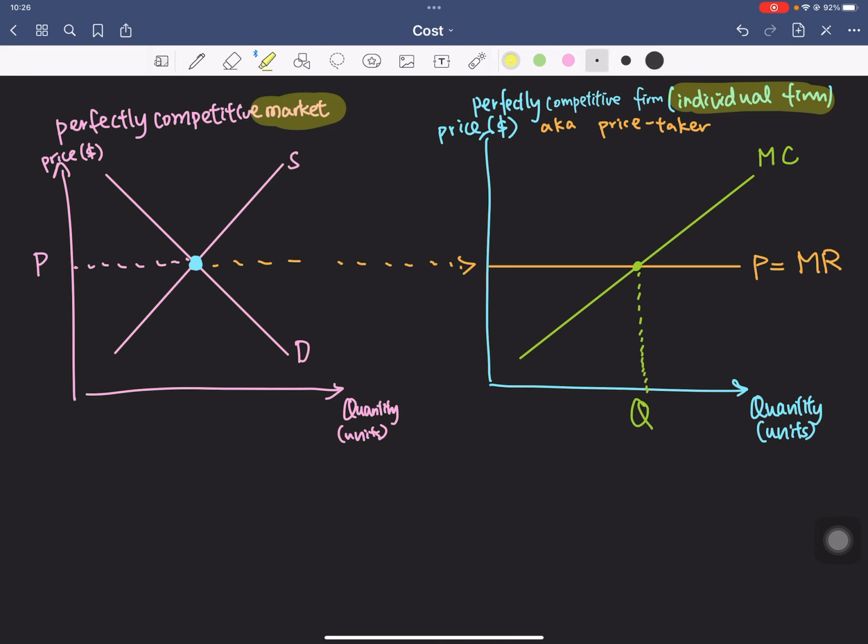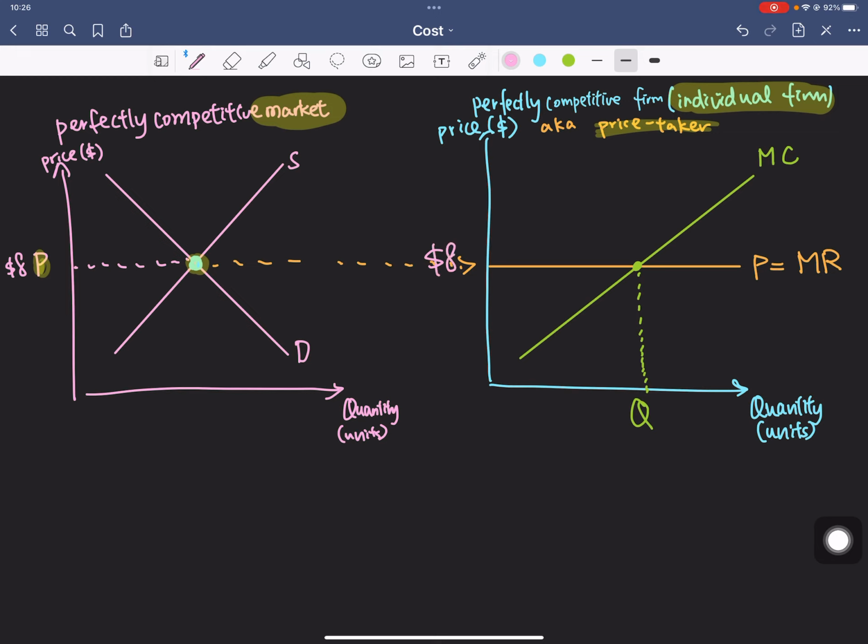They are called price takers, so they can only take the price given by the market. From the left hand side, we can see the price level, the equilibrium point of the market, let's say $8. The individual firm can only take the market price because they are the price taker.